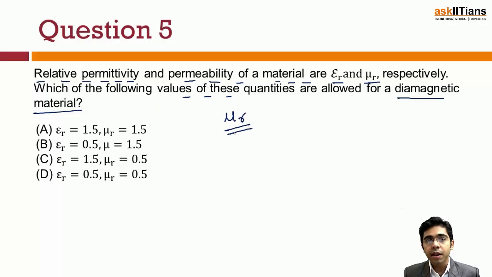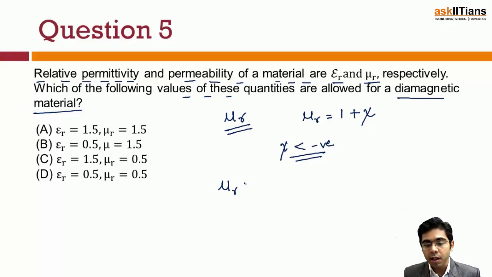We know that mu r is equal to 1 plus susceptibility, and the susceptibility is negative for a diamagnetic material, that means it opposes the magnetization. So mu r will be 1 plus some negative quantity, and that is less than 1.